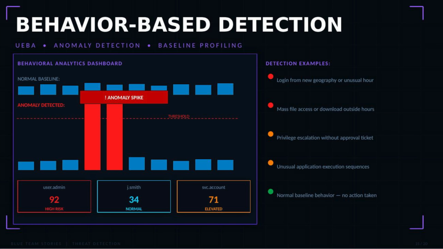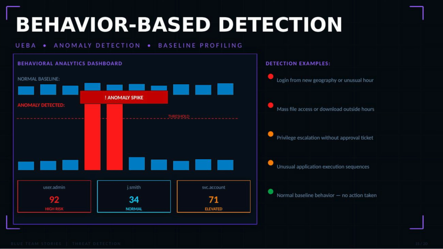Behavior-based detection. Behavior-based detection focuses on how systems and users behave rather than searching only for known malware signatures. Instead of asking whether something matches a known threat, the system asks whether the behavior itself appears suspicious or abnormal.